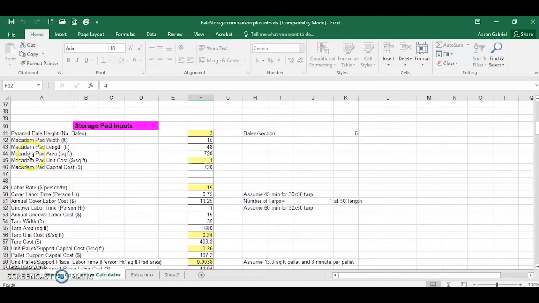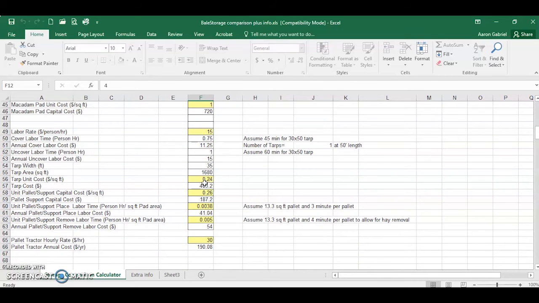Macadam is just the example used here, but you can make any type of pad you want. It can be gravel or stone or cement, asphalt. You put in the cost per square foot for the type of pad you're building, and then it'll give you your capital cost here in cell F46.